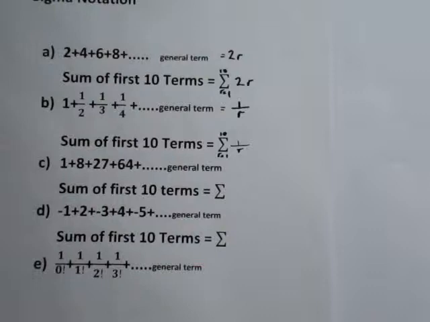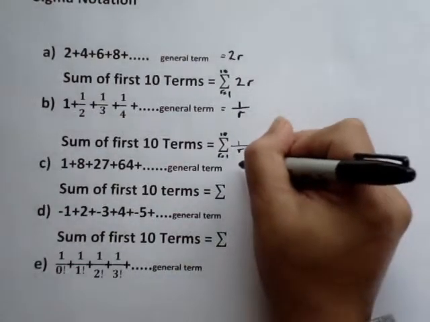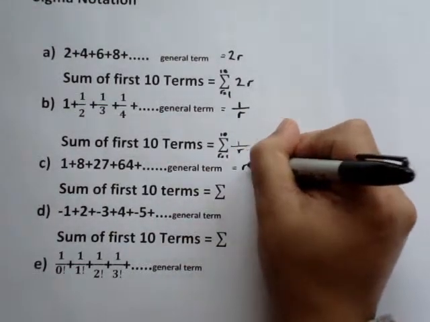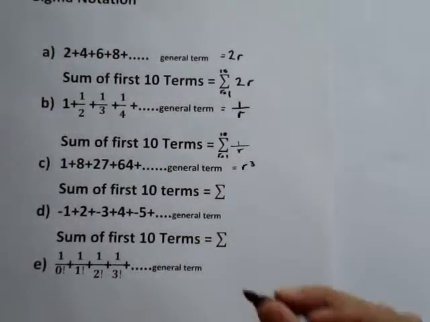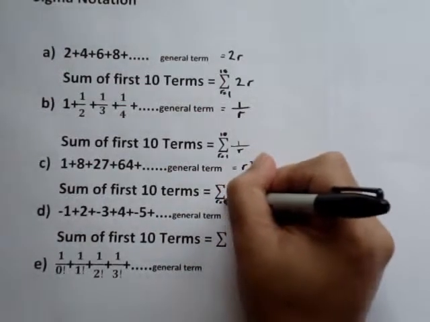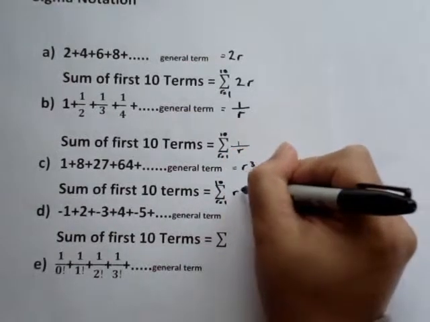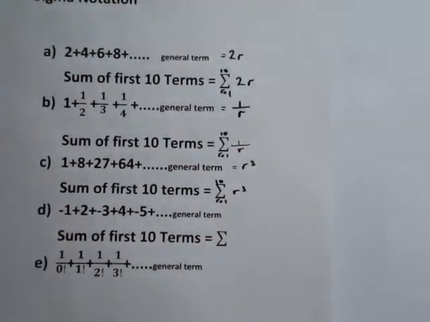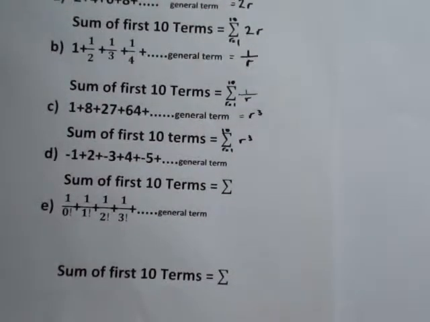1 plus 8 plus 27 plus 64, 2 cubed, 3 cubed. So we're looking at the general term as r cubed. The sum of the first 10 terms would be from r equals 1 to 10 of r cubed. Okay, here we're looking at minus 1 and then 2, then minus 3, then 4, then minus 5.